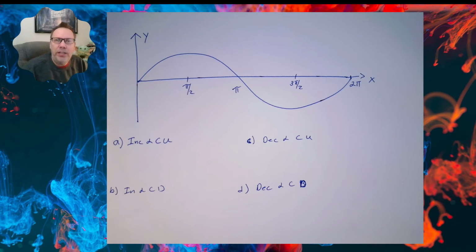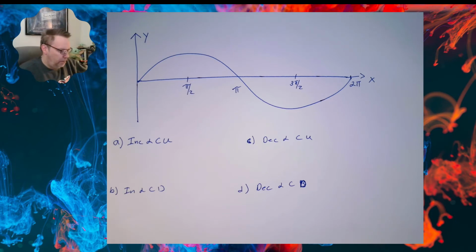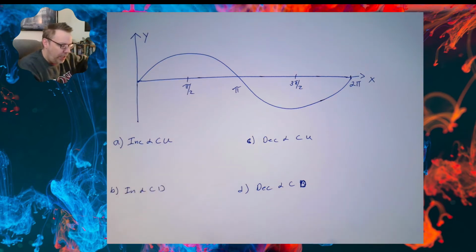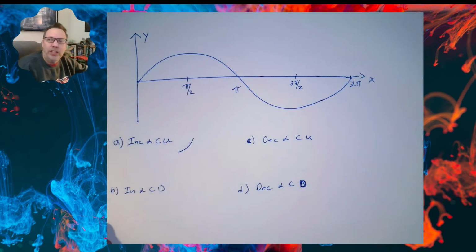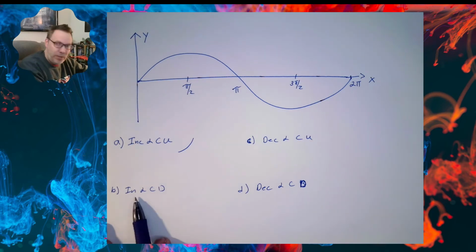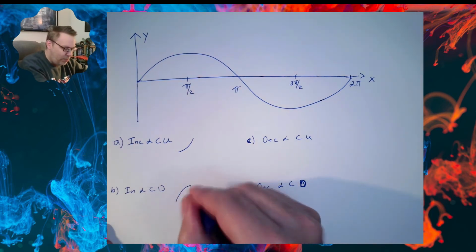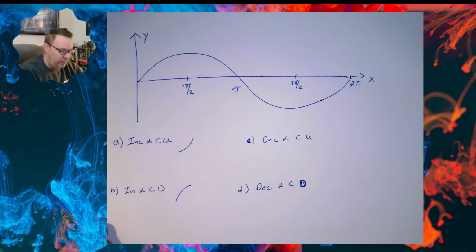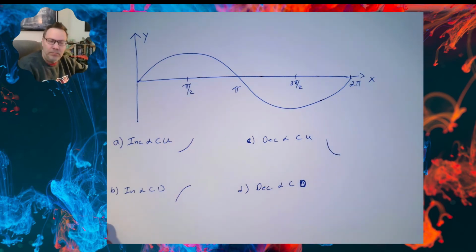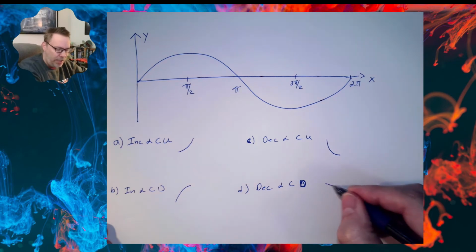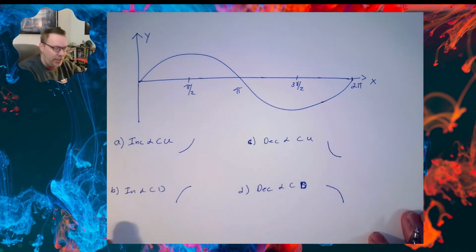I hope you had a chance to do this yourself. So here's my solution. Increasing concave up is any graph that's going to look like this. Increasing concave down is a graph that looks something like this. Decreasing concave up, decreasing concave down, they all look like this.